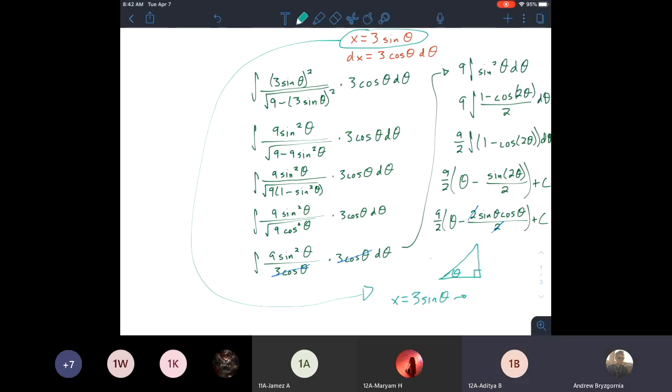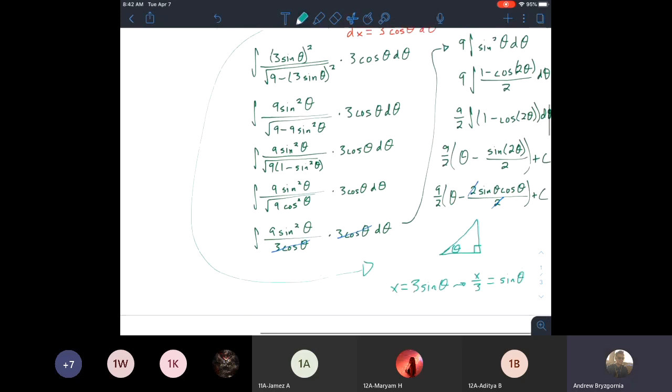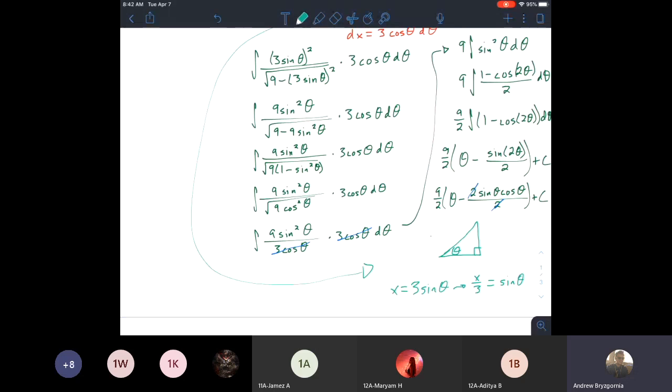We're going to rewrite this and turn it into x over 3 equals sine theta. And this right here allows me to start determining the sides of my triangle.